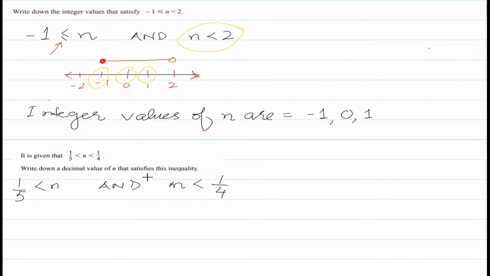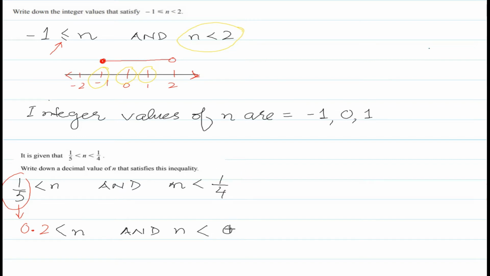So you need to write a decimal value from this range. If you convert the first number into decimal form, 1 by 5 is 0.2. So n must be more than 0.2, and n must be less than 1 by 4.